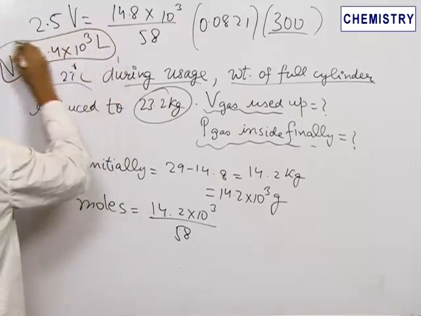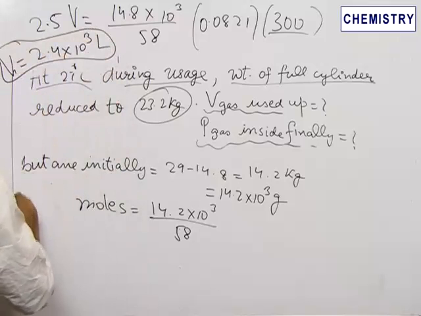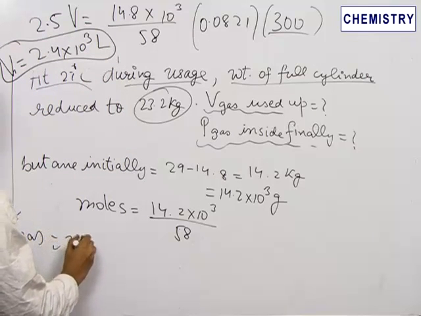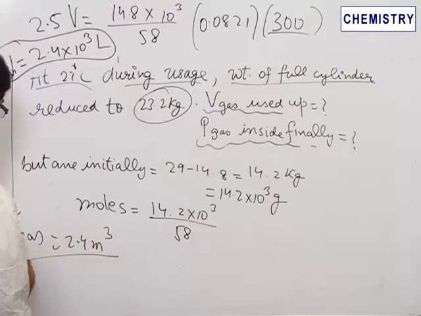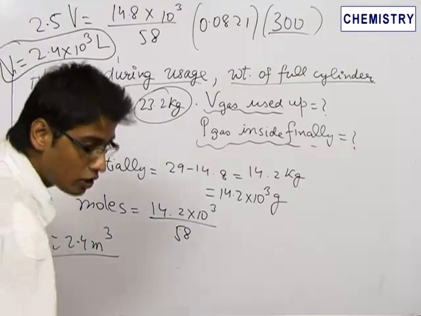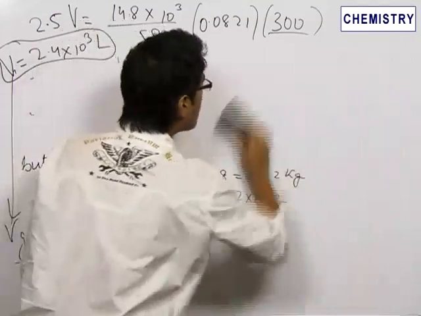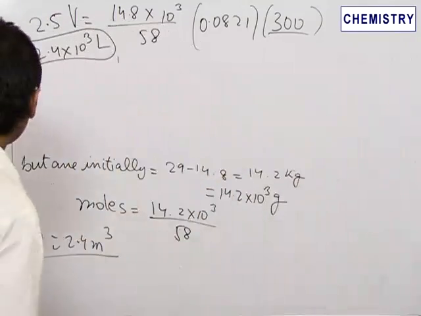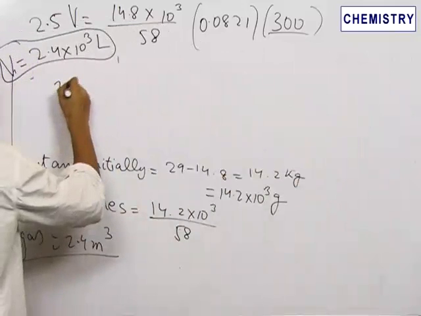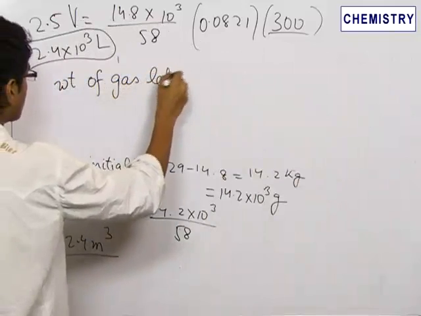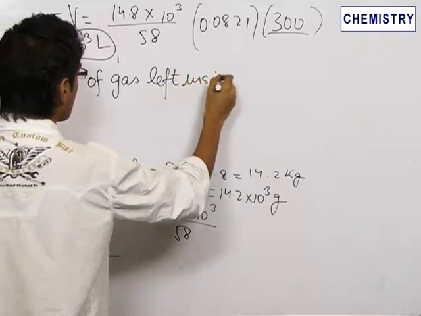This is the volume of butane present initially. This can also be taken as 2.4 meter cube. Now even after the usage, the volume of the cylinder will remain constant. We can find out the weight of gas which is left inside the cylinder after use.